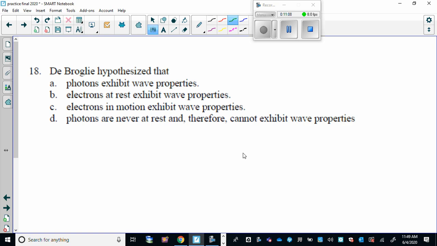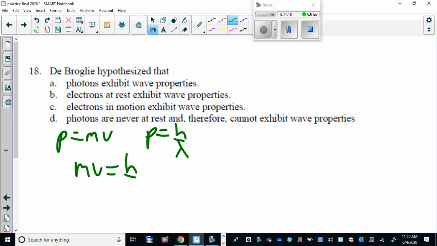So what De Broglie wanted to do was take this formula here, and this formula here, and calculate the wavelength of something that has mass, right?